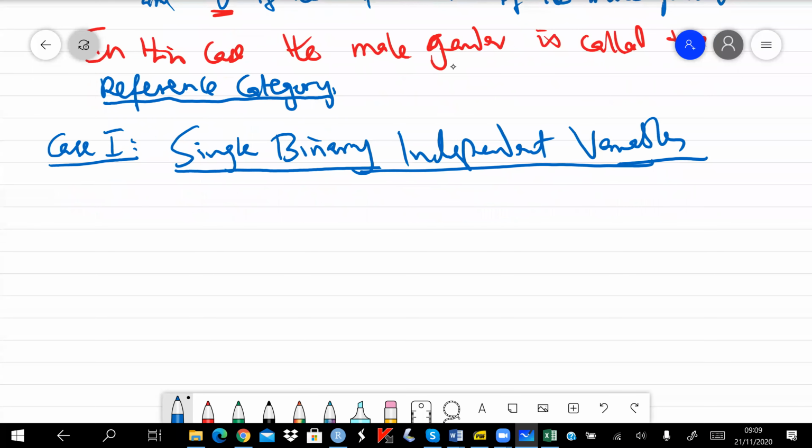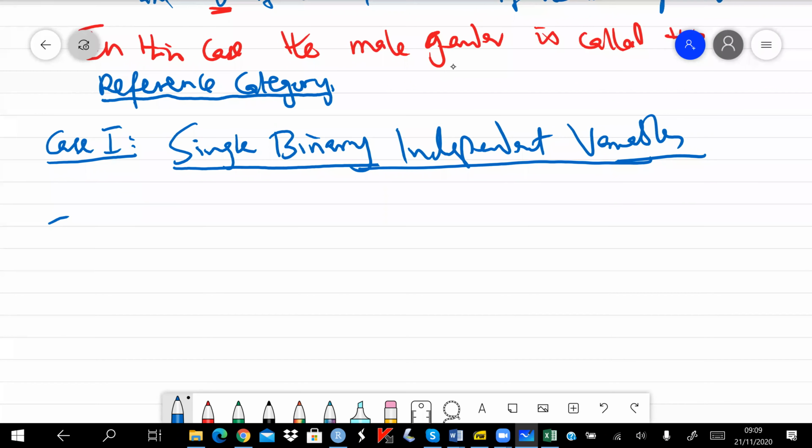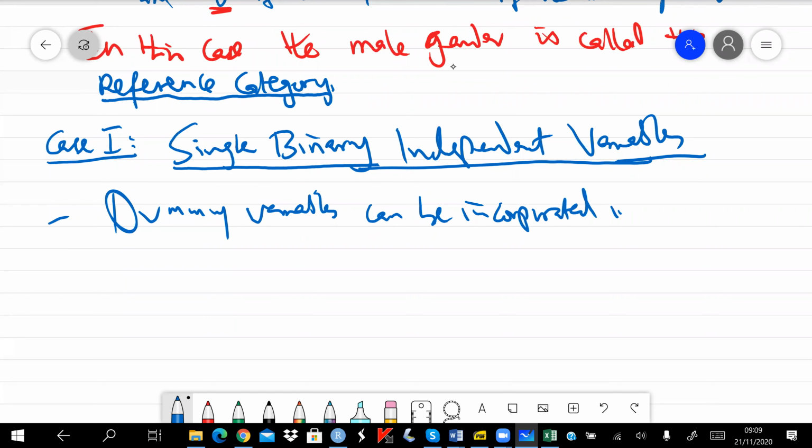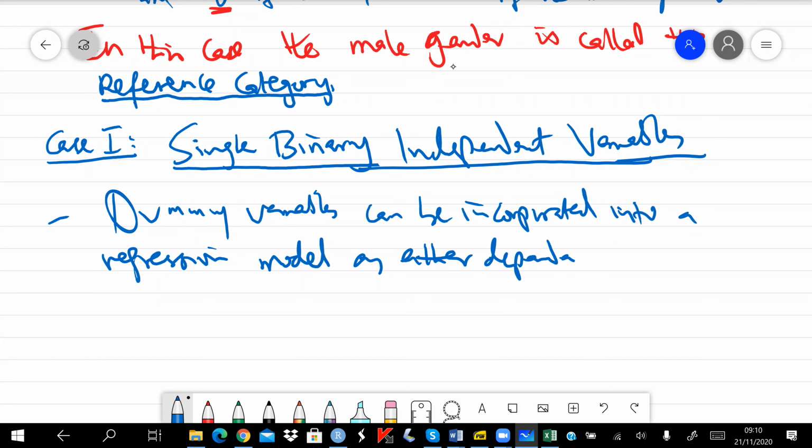So we start by noting that dummy variables can be incorporated into a regression model as either dependent or independent variables.